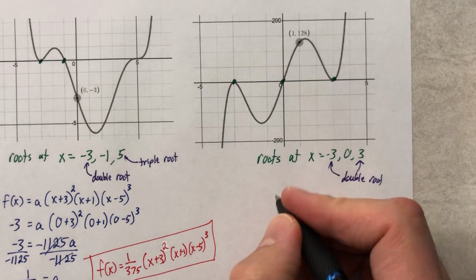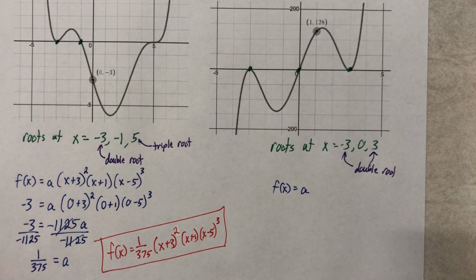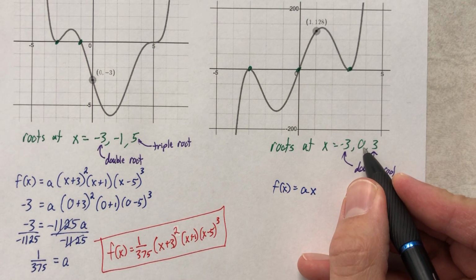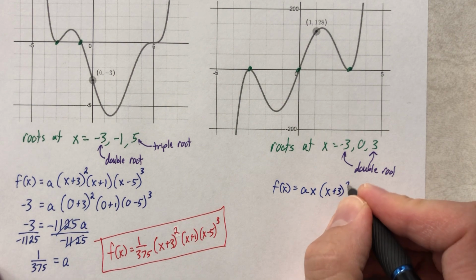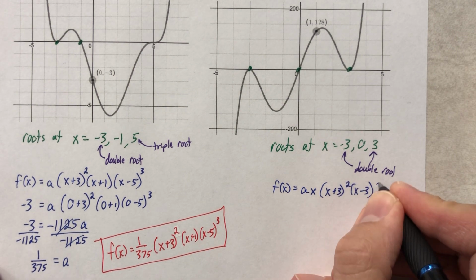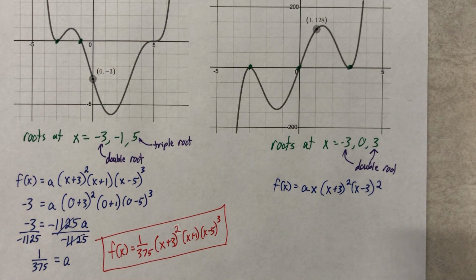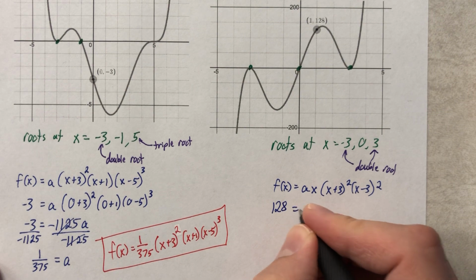So we have the function, which is a, because we don't know what comes in front. We do know x because of the 0, so like x plus 0, but why would we write that? And then x plus 3 squared and x minus 3 squared, and lucky us, we have a point, 1, 128. Let's plug it in. You don't always have the y-intercept.